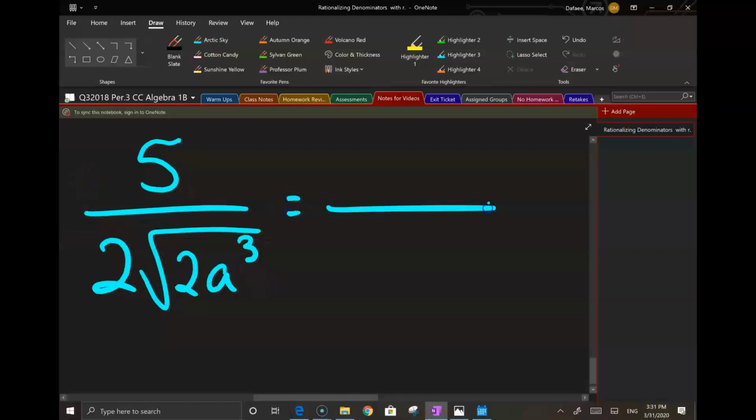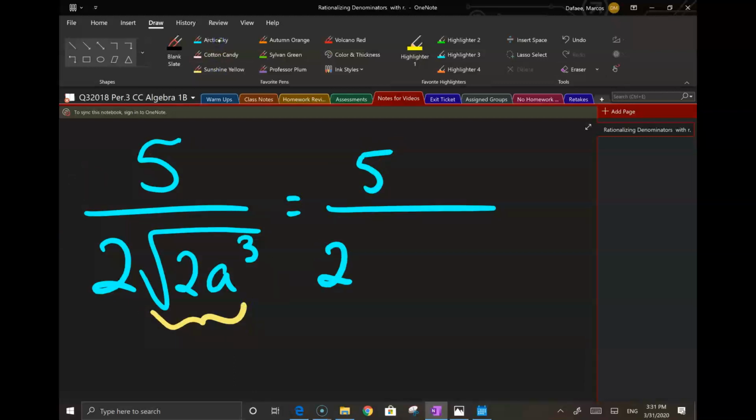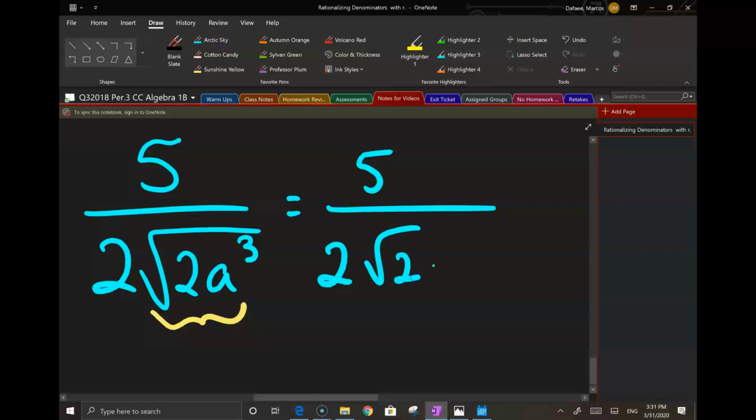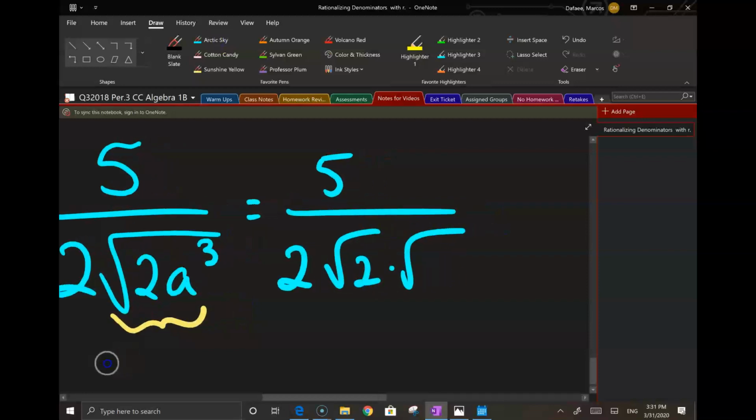We're going to continue. We're going to bring this 5 right over there, put the 2 right over there, but we're going to split this radical into 2 pieces. One of them will say radical 2, and the other will say a to the second power, and the other one will say a to the first power. Now, if you're wondering, whoa, why did you do that? Where'd you get that from?